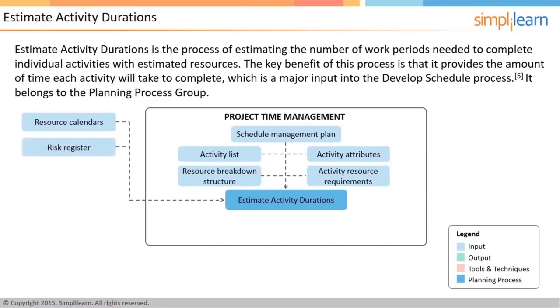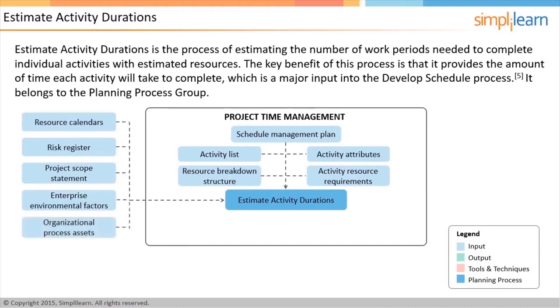Hence, risk register becomes an input to this process. The project scope statement defines the constraints and assumptions affecting the project duration. An example of enterprise environmental factor that can affect duration is organization's productivity metrics, which is collected based on the experiences from multiple projects. The last input in this process is organizational process assets.